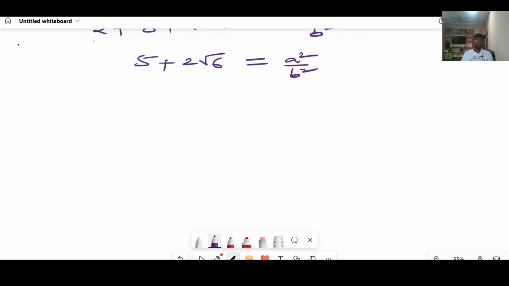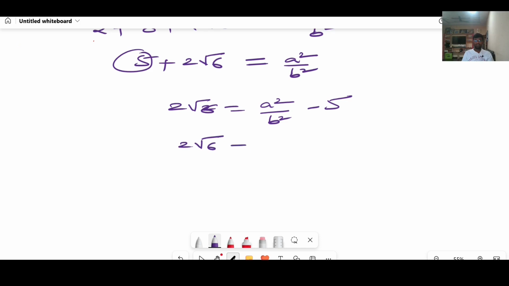I will keep the irrational number on one side and the rational number on the other side. Now 2 root 6 equals a square by b square minus 5. Transpose this 5 to that side, that will become minus 5. And 2 root 6 equals a square minus 5b square by b square, if you take the LCM for the denominators and convert unlike fractions to like fractions.